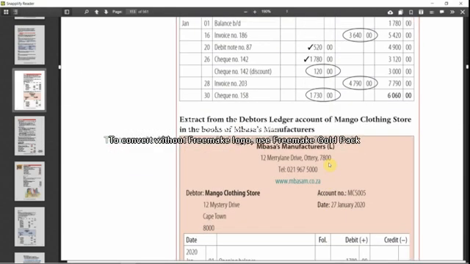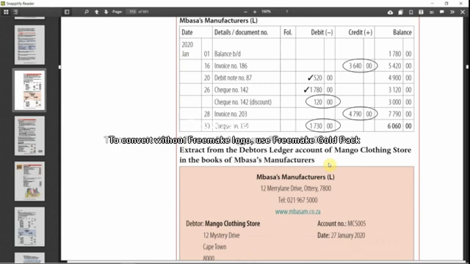Then further, we also have some of these timing differences. For example, we can see on the 30th, which is after the statement date of the 27th, we have a check, number 158, which does not appear yet on their statement, as their statement is only up to the 27th.